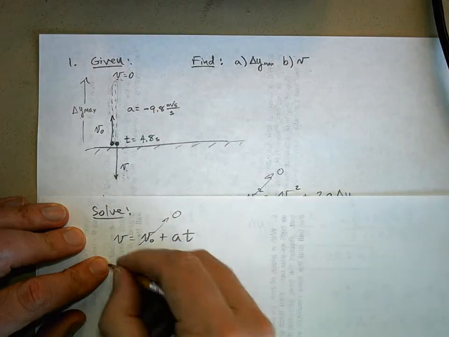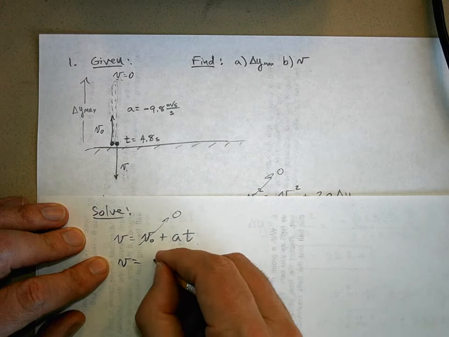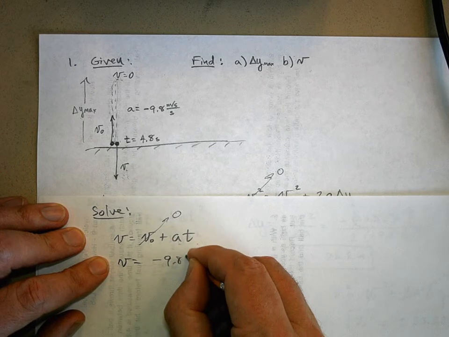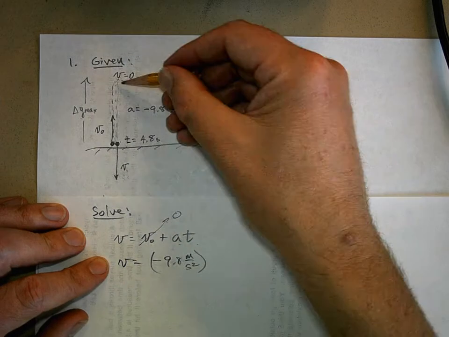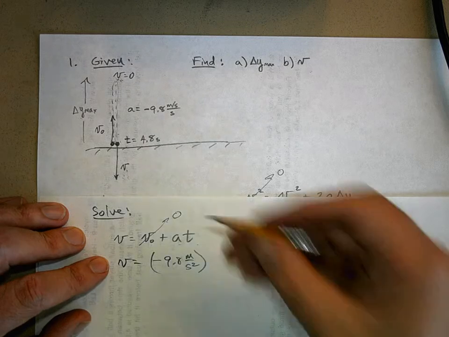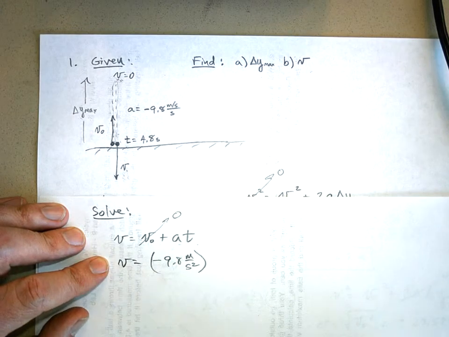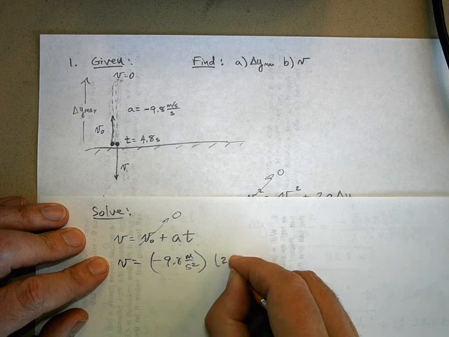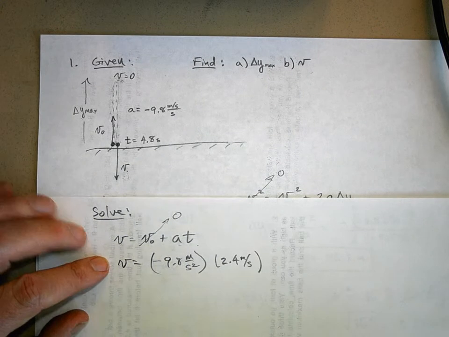So I can say V is equal to A times T. Well, what is A? Negative 9.8 meters per second squared. And what is the time it takes to go from here to here? Well, if the total time is 4.8, what is the time from the top to the bottom? 2.4. I'm sorry, 2.4 seconds. What am I doing?